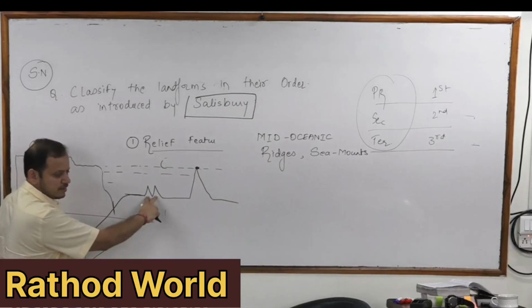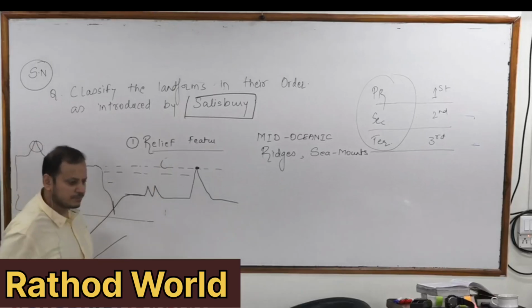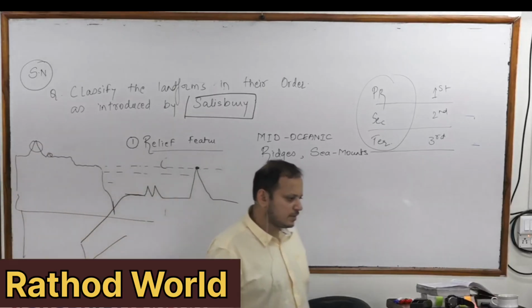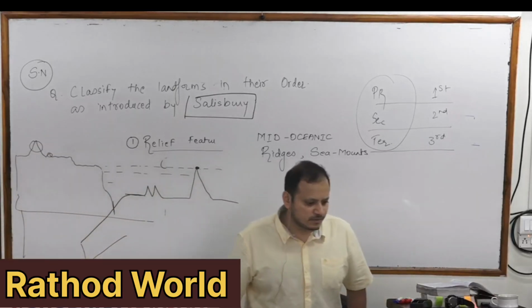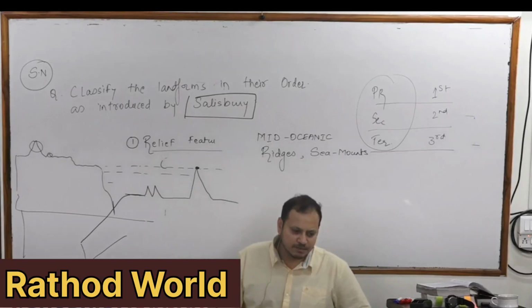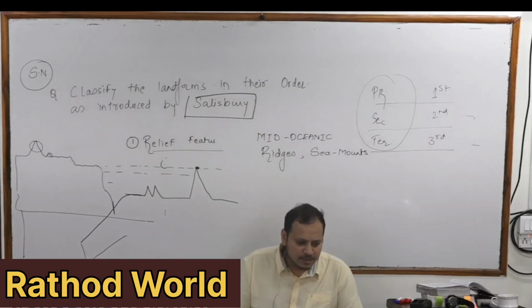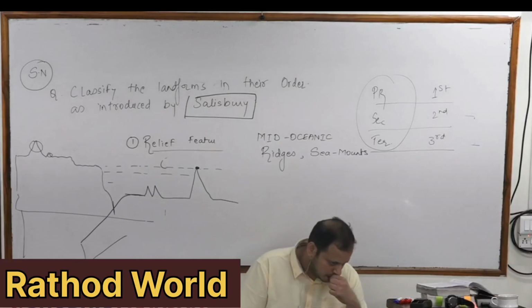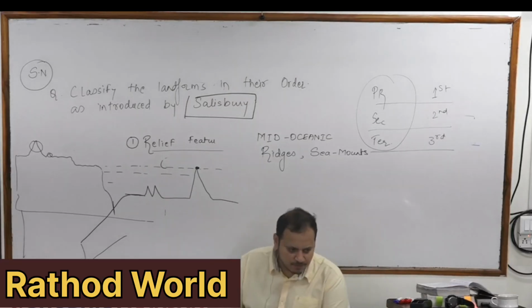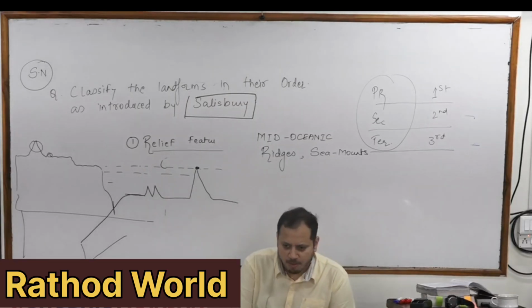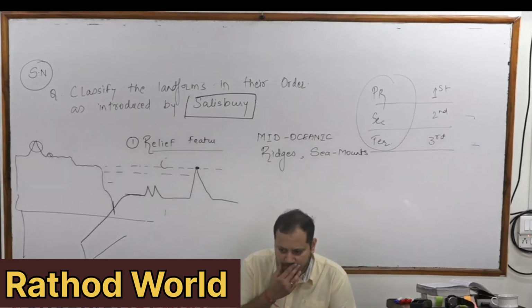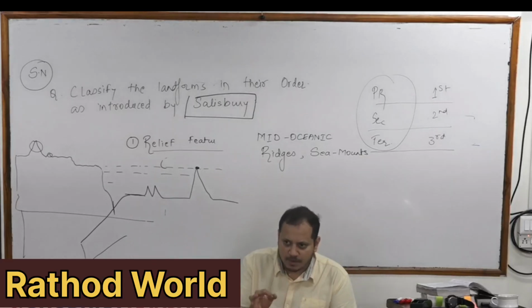So mid-oceanic ridges, sea mounts are present on the ocean basins. Right?